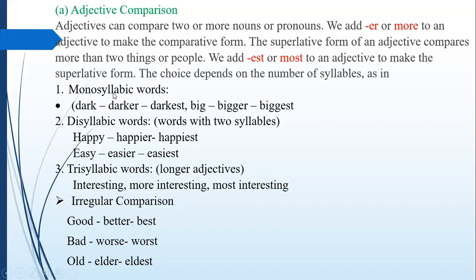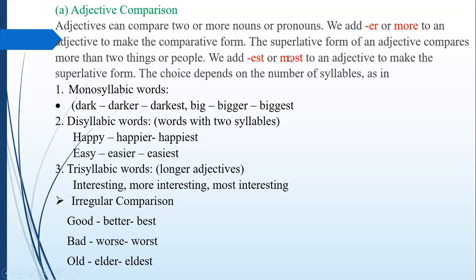For example, expensive. Here you have 3 syllables. You can't add ER. It's impossible to say that in English. So you have to add more. Okay, this is for comparative.